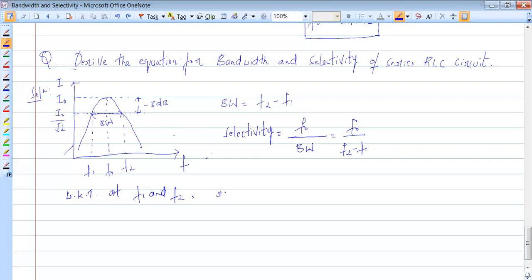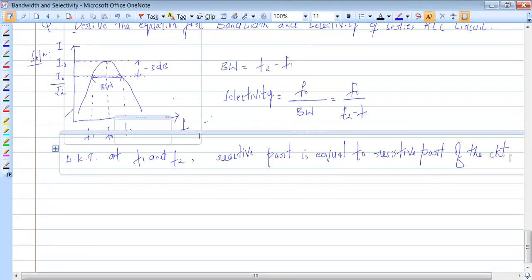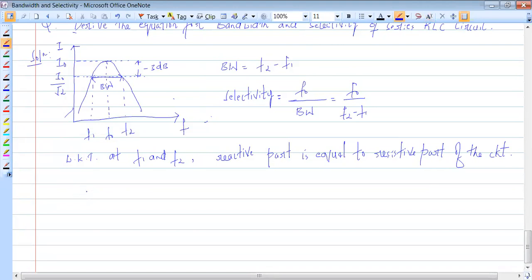Suppose this has to be written in terms of an equation, how would we do that?